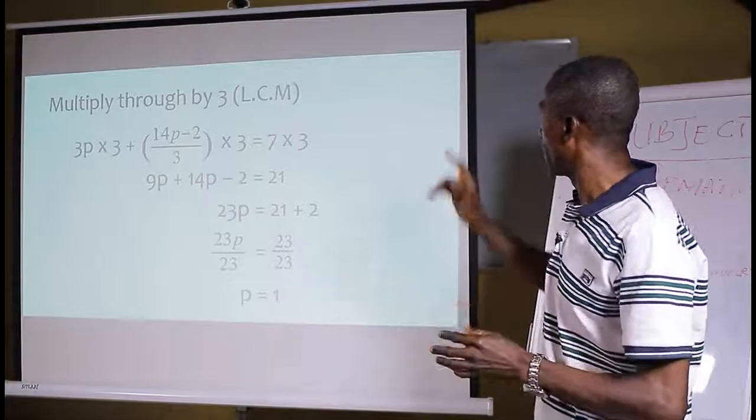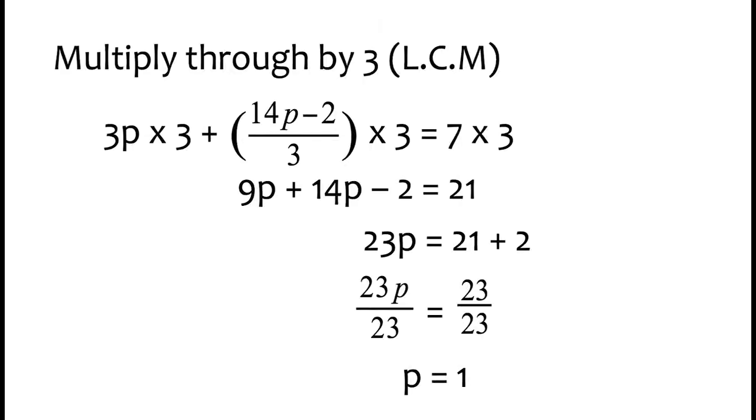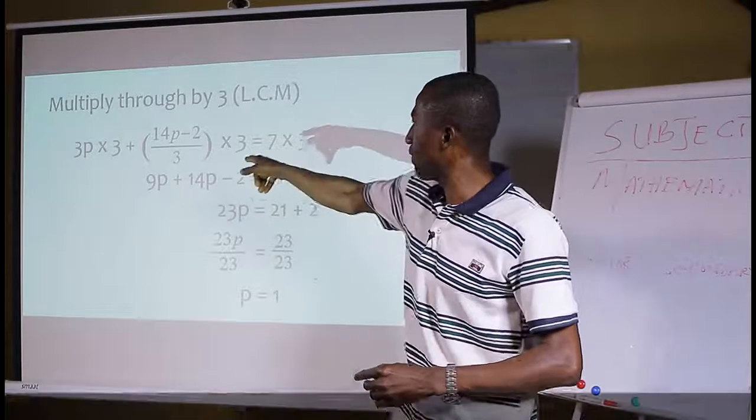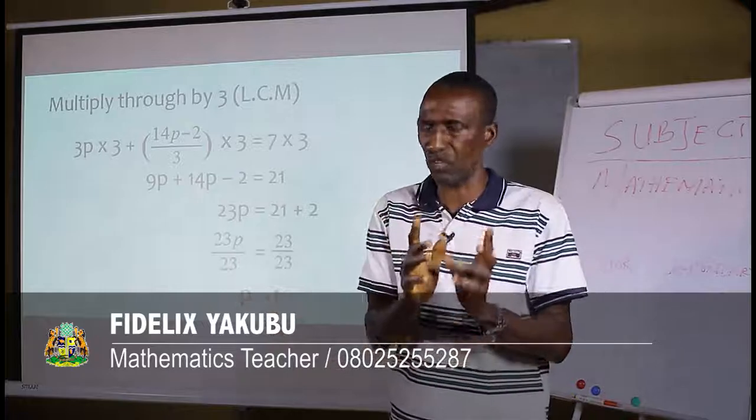Then the 3 in the denominator under 14p minus 2 over 3 will cancel the 3 in the numerator. In other words, 3 in the numerator divided by 3 in the denominator gives us 1.